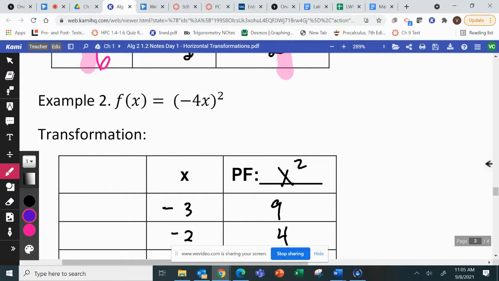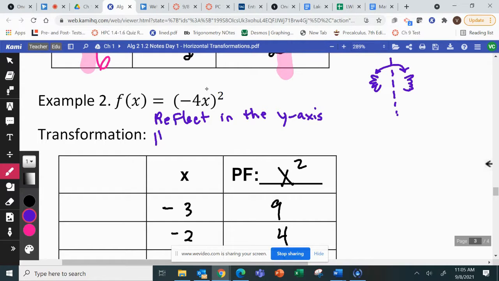What does a negative sign do? Reflect in the... Now, this one is a horizontal reflection. A horizontal reflection would be like if I have something over here and I reflect it left or right. Which axis does that reflect in? The y-axis.